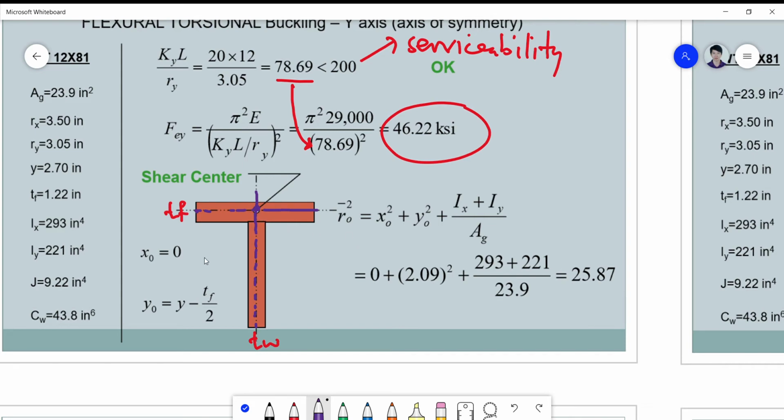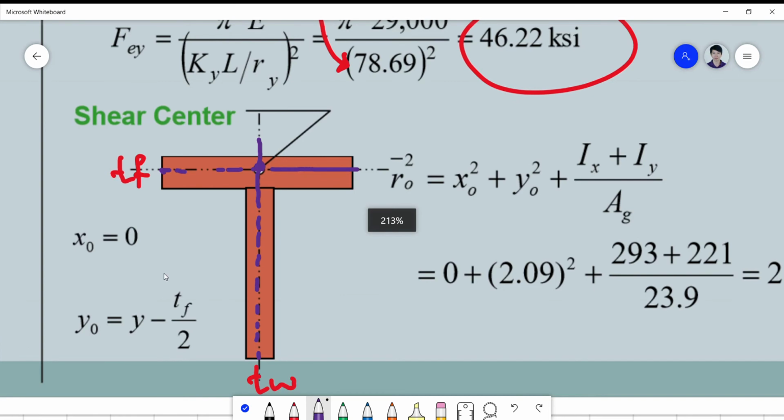So, how do we now get XO? XO is just the distance from the shear center to the centroidal axis of the member. So let's define XO and YO.